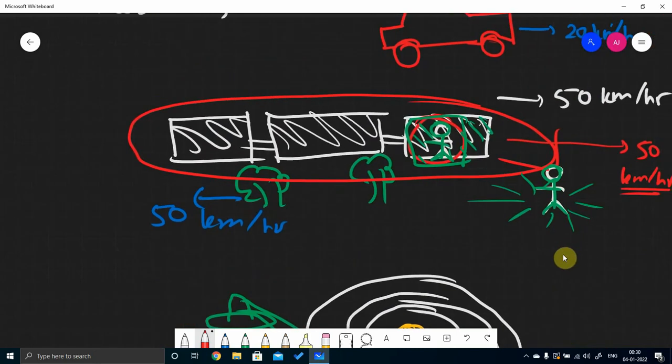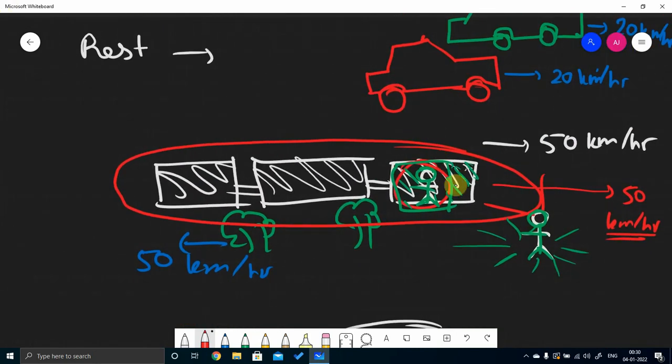Anyways, when we come back over here, we notice that this guy, the person, was inside the train. I can actually use a highlighter too. So this guy over here, for him, the frame of reference was the train, and for him, the frame of reference was the ground.